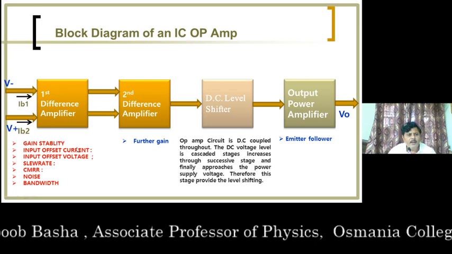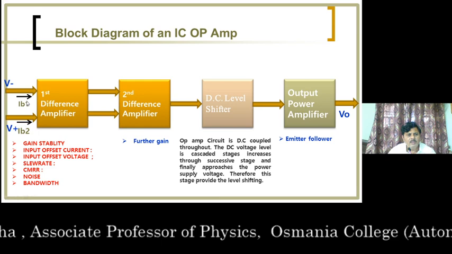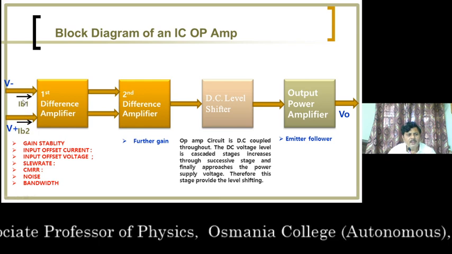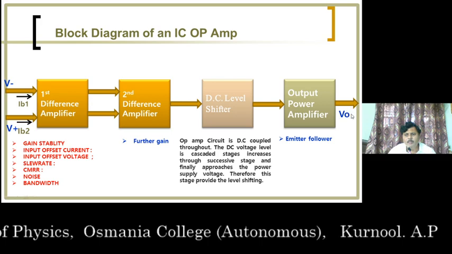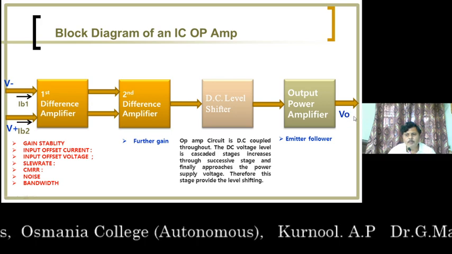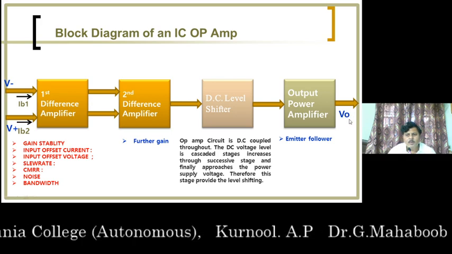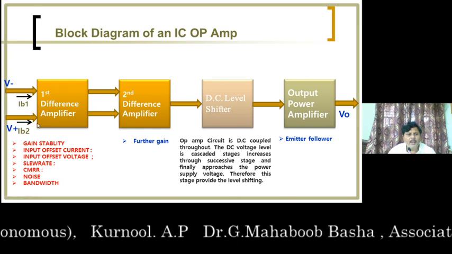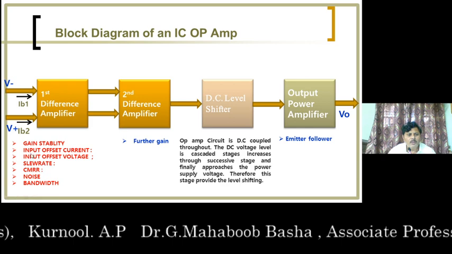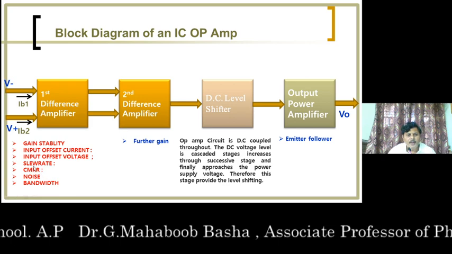The offset current means, because of these base currents, which are in the order of nanoamperes, there is an output voltage called offset voltage. It is unwanted voltage. So this voltage can be nullified by applying an input voltage, called input offset voltage. Next, slew rate.